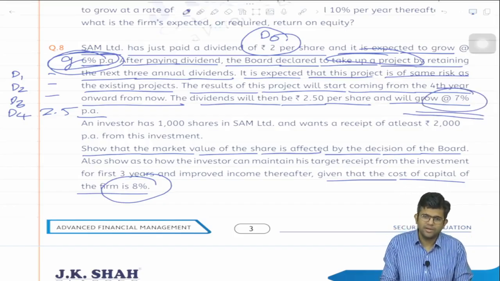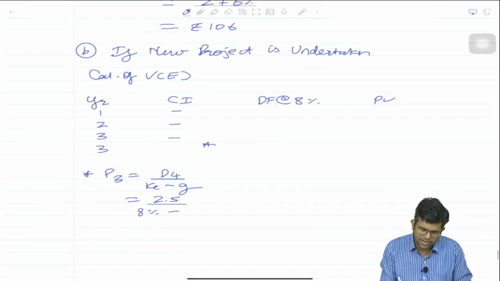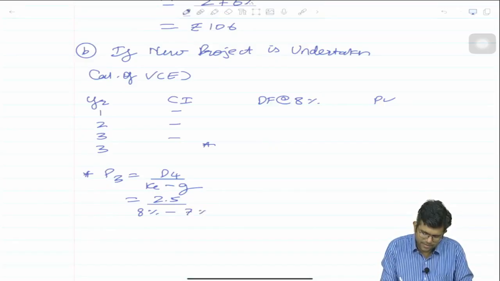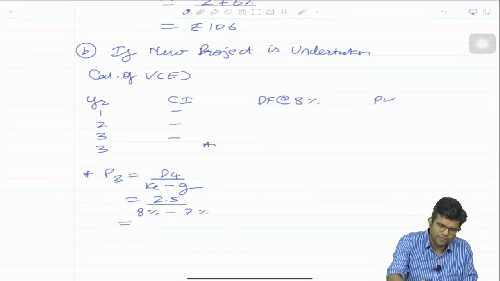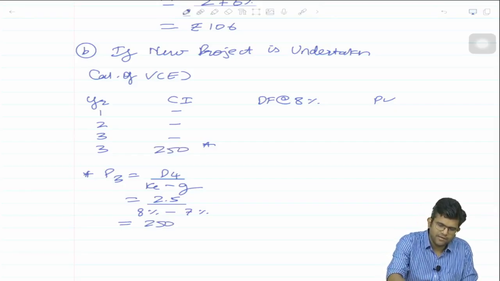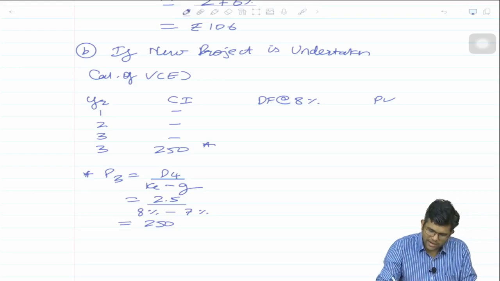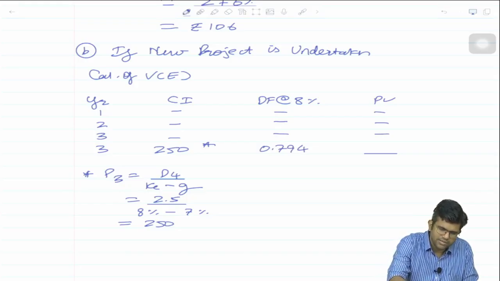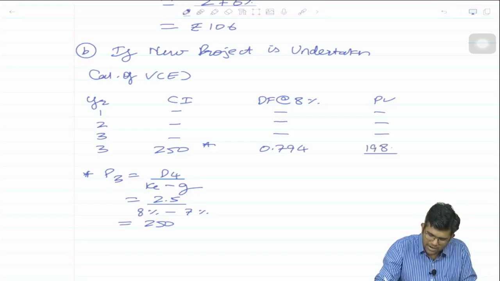Story is clear, no? So if we solve this, 2.5 divided by 1% comes to 250. I'll put 250 here. Discounting factor 1 divided by 1.08, for the third year, is 0.794. The present value, 250 into 0.794, comes to 198.5.